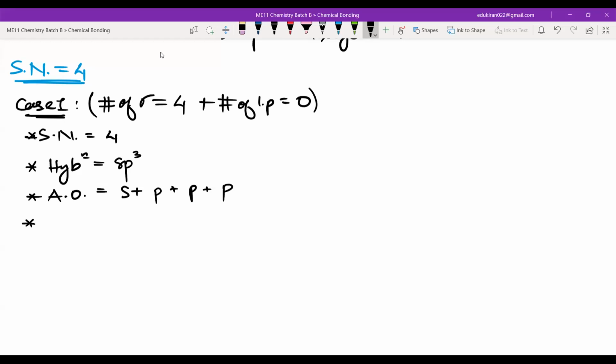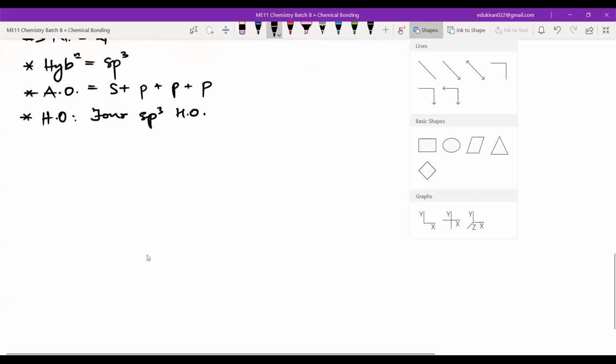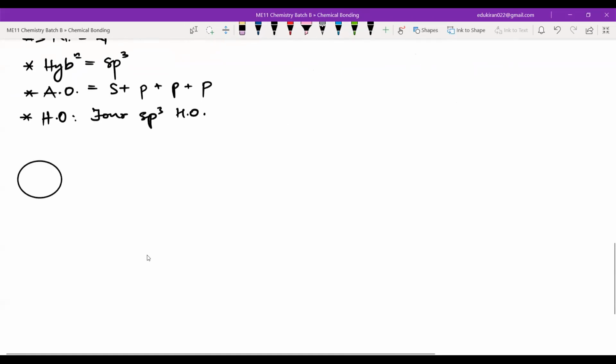And the hybrid orbitals formed will be 4 sp3 hybrid orbitals, right? Any doubt till here? No doubts, right? Okay, so let us take some space and start hybridizing things. So you have the s, and then you will have p.